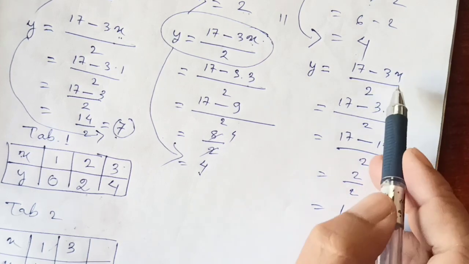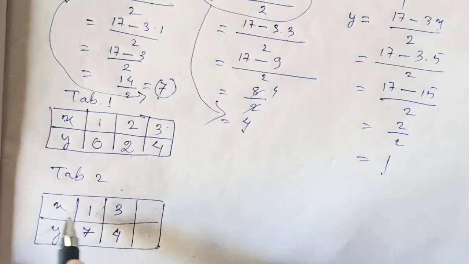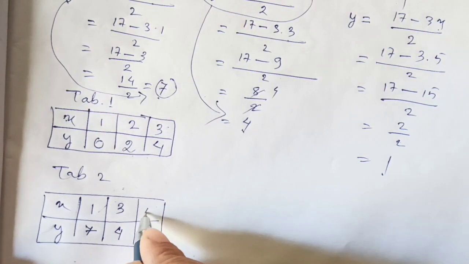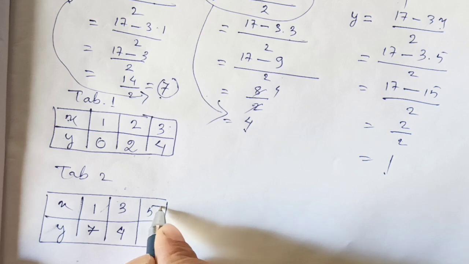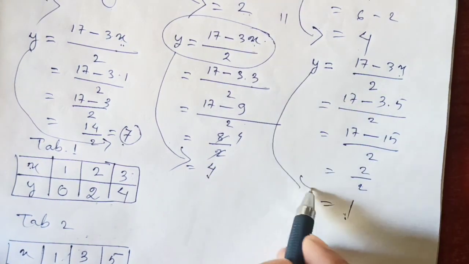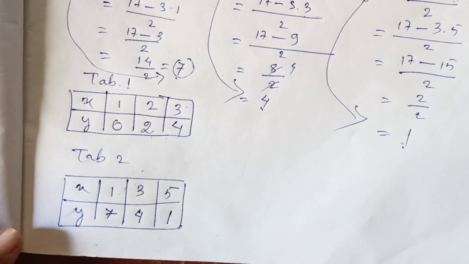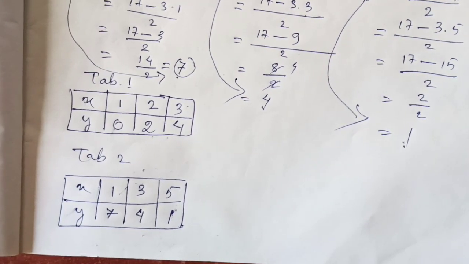So how did we get the value of 1? We get the value of 1 when we use the x value as 5. So this 1 is the value of y. So y value is 1.